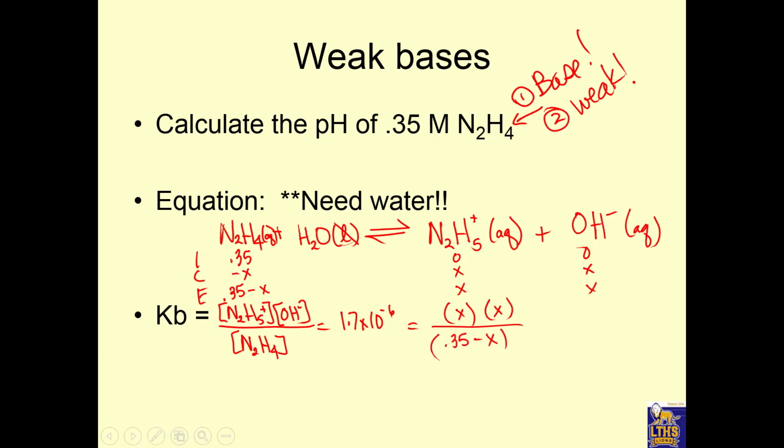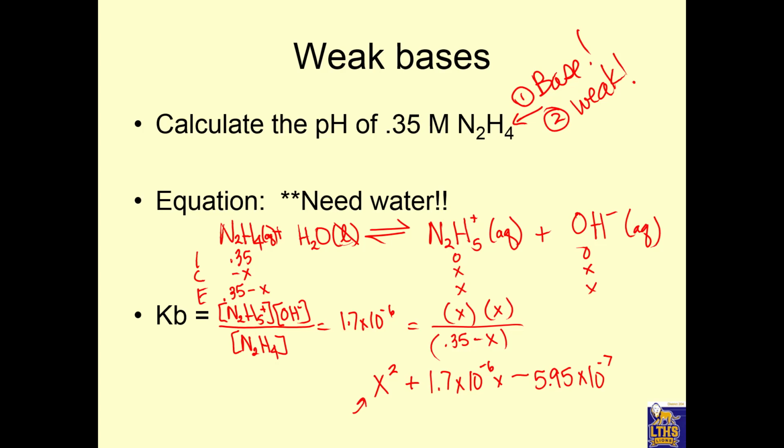So here we go. Again, solving the quadratic formula. We're going to get an x squared plus 1.7 times 10 to the negative 6 x minus 5.95 times 10 to the negative 7.